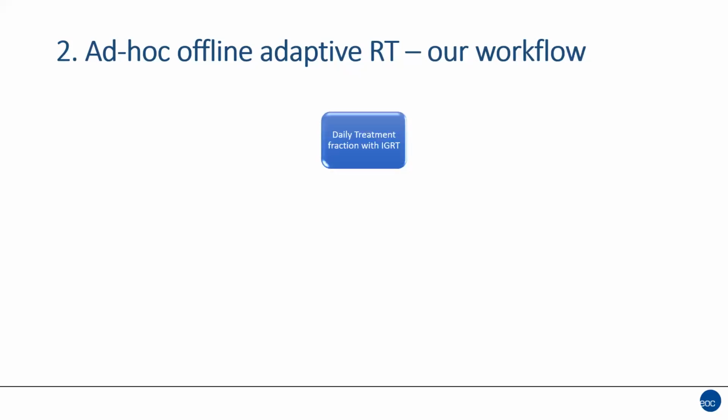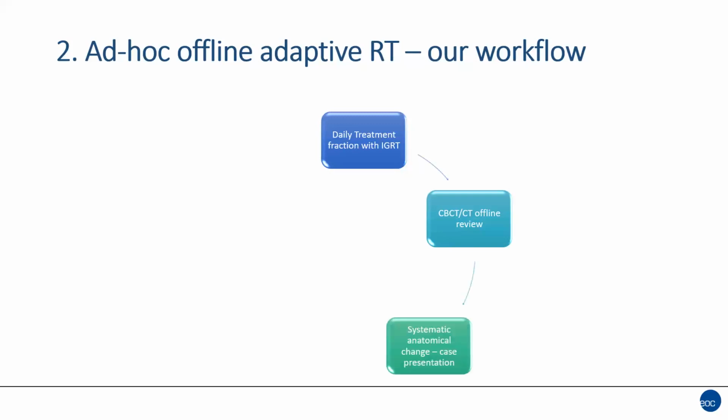Our workflow is quite simple, I think. We start with the treatment fraction and the imaging. We use this imaging, of course, for positioning the patient, but the CBCT registration is also used for the offline review by the doctors. If we see systematic anatomical changes, we present this case in our morning meetings, which are dedicated to things like this, where we show the case and together we discuss the situation.